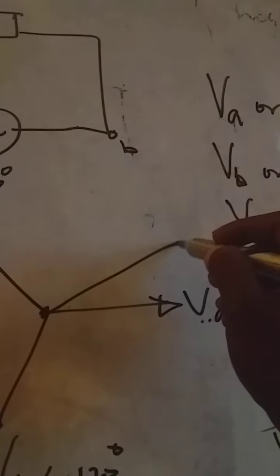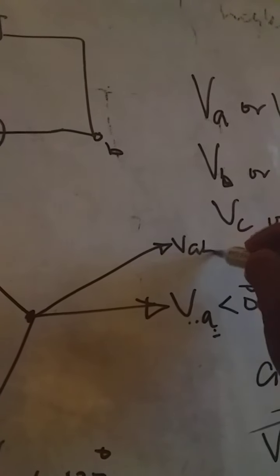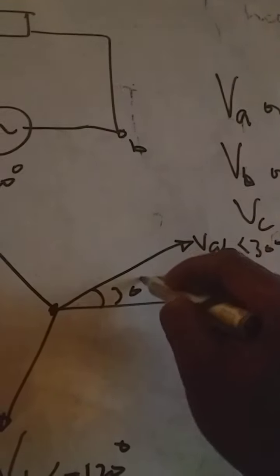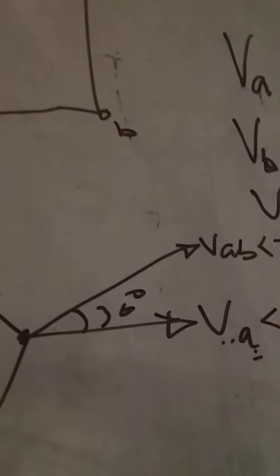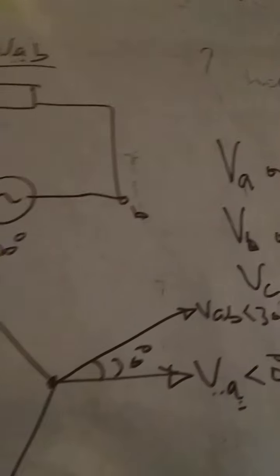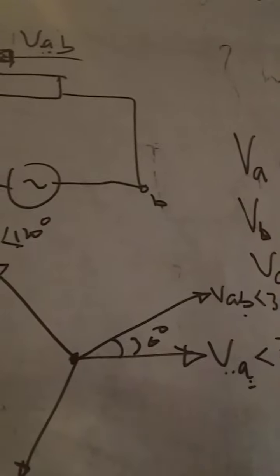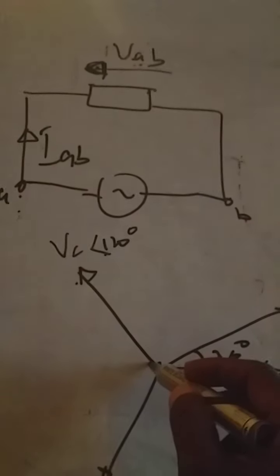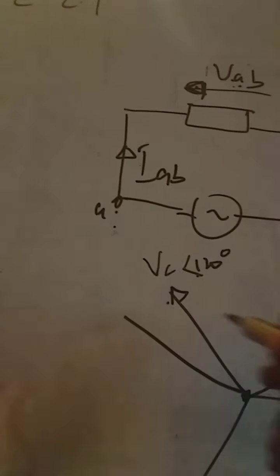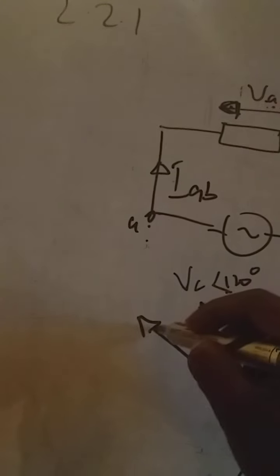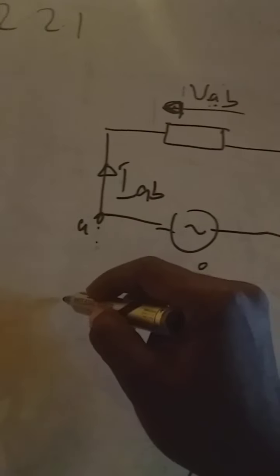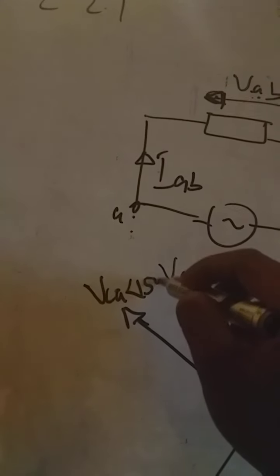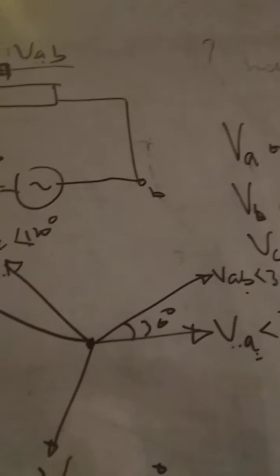So this will be our VAB at angle 30 degrees. That is our line voltage. VAB is our line voltage. So the line voltage of this one automatically leads it by 30 degrees. So if this is VC at 120, our VCA will be at angle 150 degrees. Right.